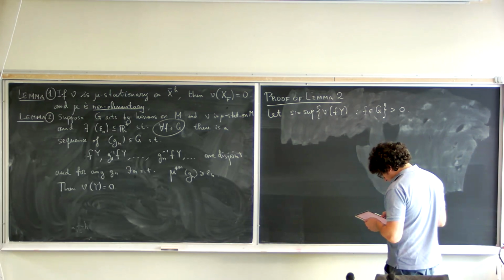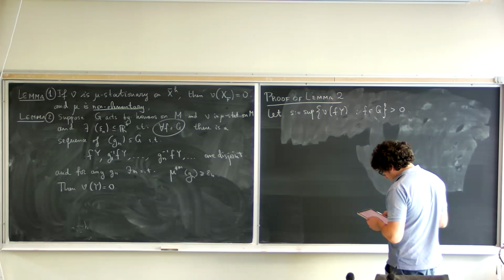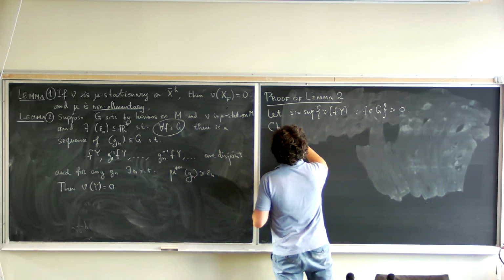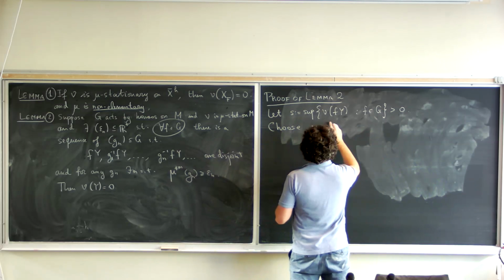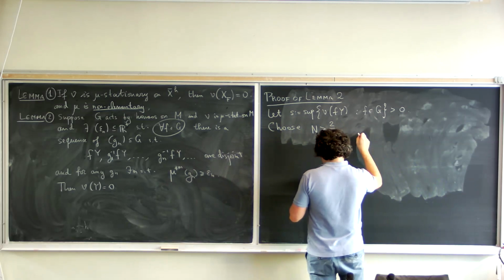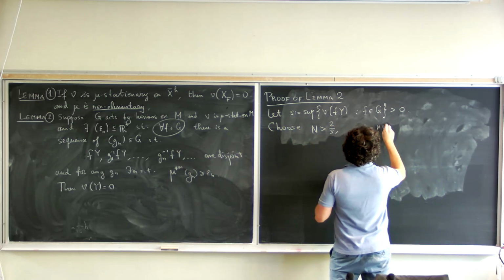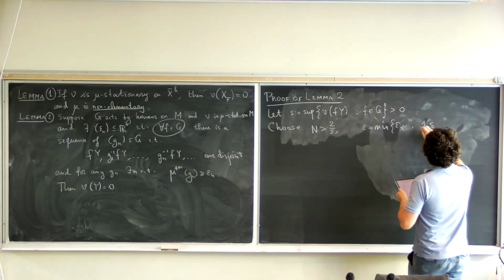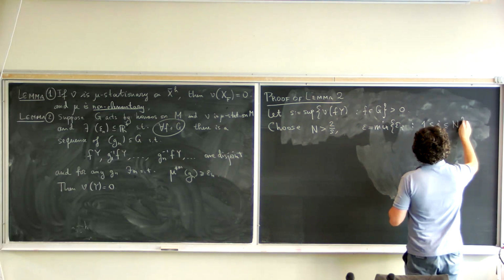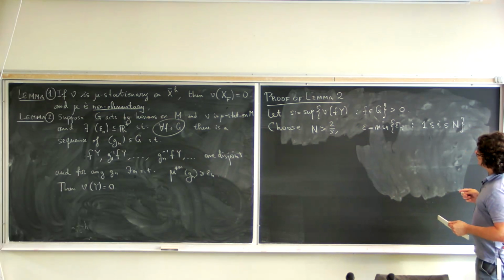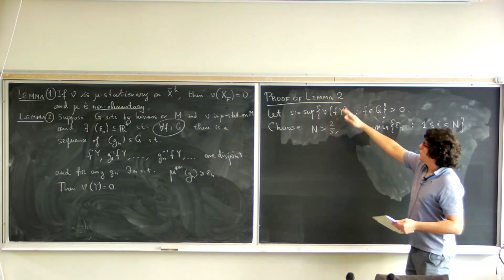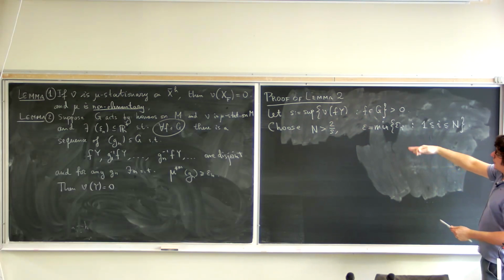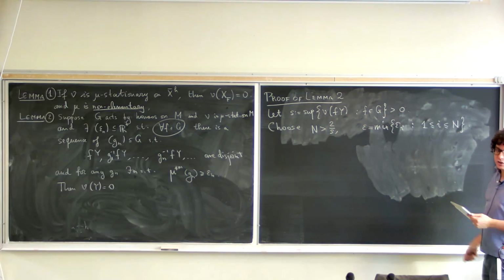So we write again the stationary condition, basically. We choose n bigger than 2 over S, and epsilon is the minimum of these epsilon i. The supremum maybe is not achieved, but the point is we can take finitely many, and we're close enough to the supremum.